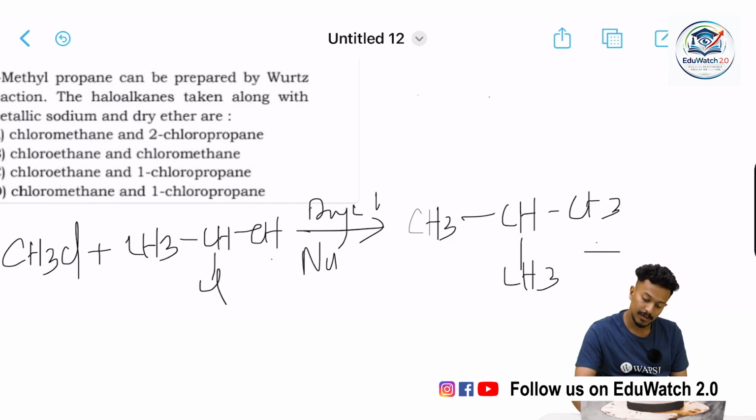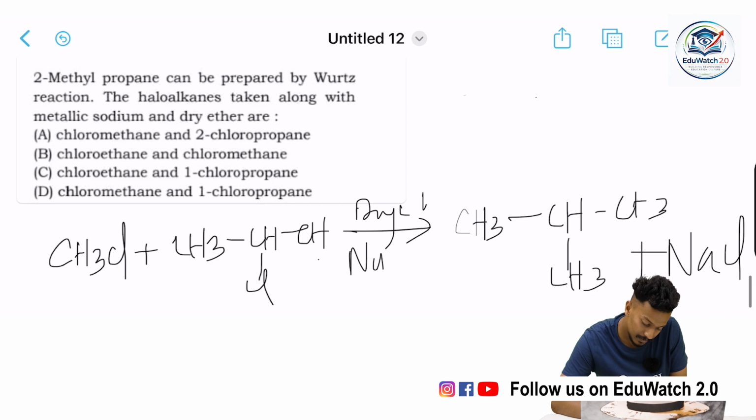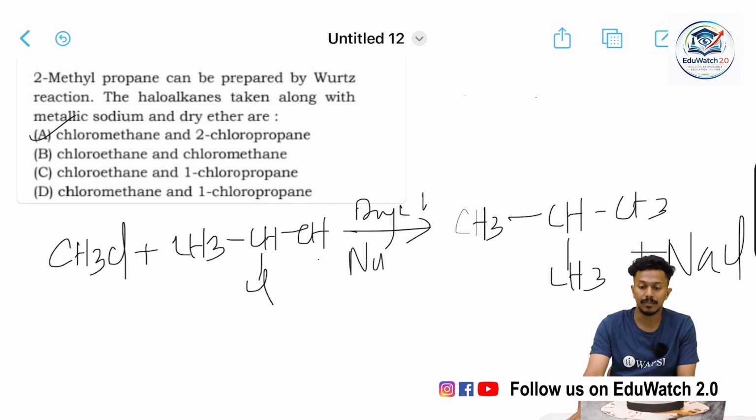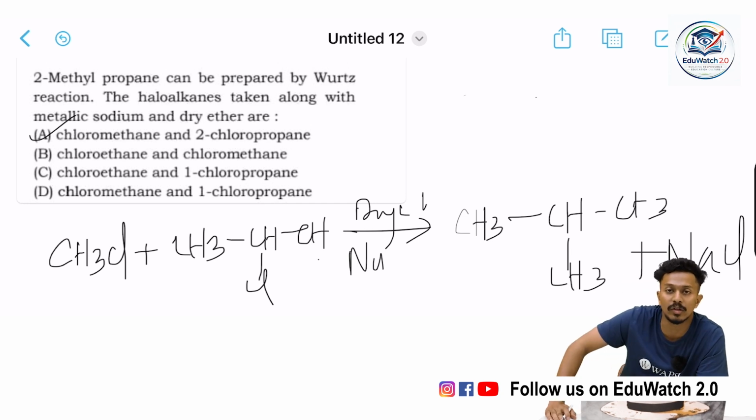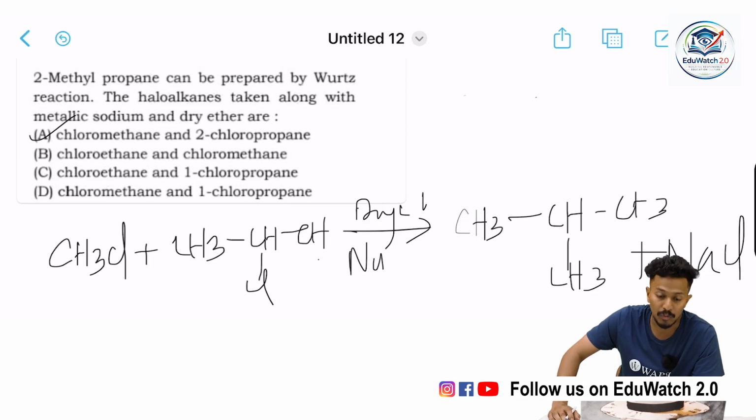We get a byproduct of sodium chloride. So the correct option would be chloromethane and 2-chloropropane, option number A. This is the Wurtz reaction between 2-chloropropane and chloromethane.